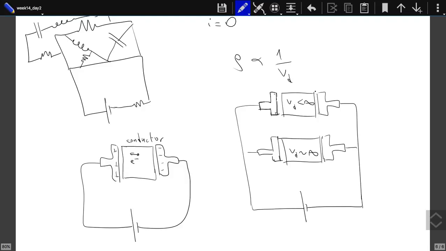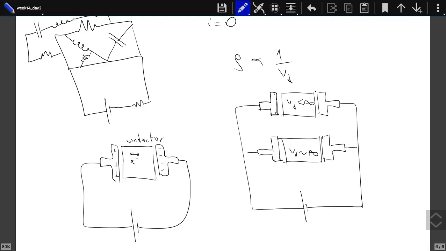Let's imagine an electron that reaches the top part. The drift velocity here is not infinite, so it has a resistance, and the electrons will start accumulating over here. But here you have a connected conductor. One end is negatively charged, the other end will be neutral. That means there will be an electric field between these two.